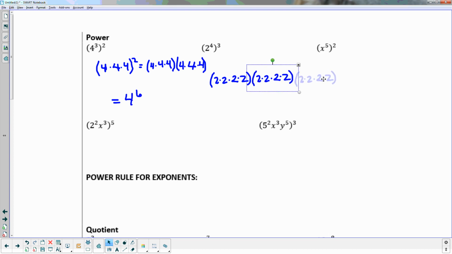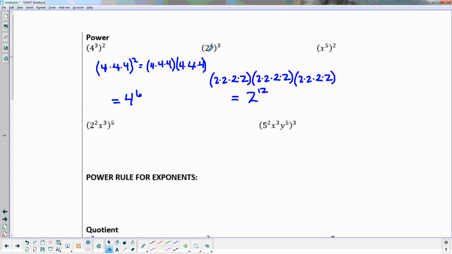So that's what 2 to the 4th to the 3rd means. I have 2 to the 4th written 3 different times. Okay, well, what is that going to give me? How many 2s do I have? 1, 2, 3, 4, 5, 6, 7, 8, 9, 10, 11, 12. So it's going to give me 2 to the 12th.